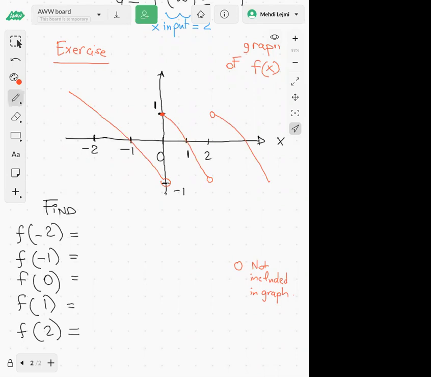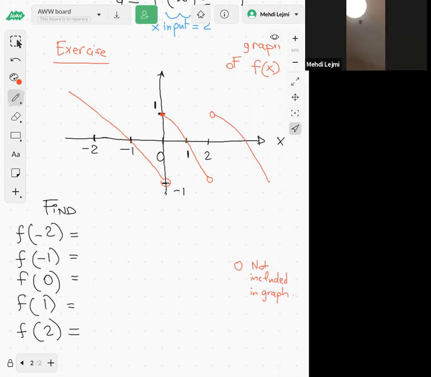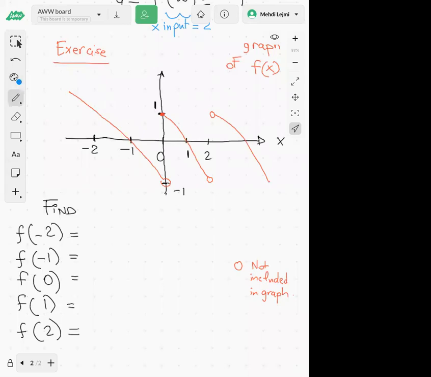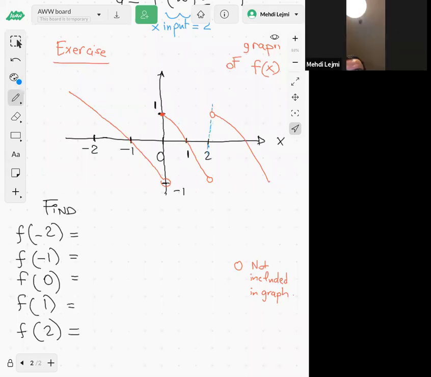Professor, f of 2 for me looks like a positive 1 going up. Nope. So here's the 2, right? And here's your vertical line. You're saying f of 2 would be positive 1, right? But the thing is, this point doesn't belong to the graph, so there's no intersection here.